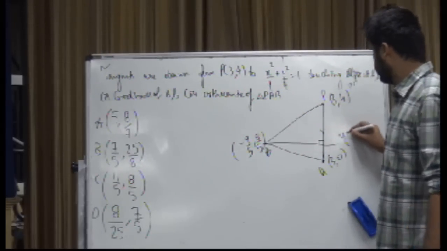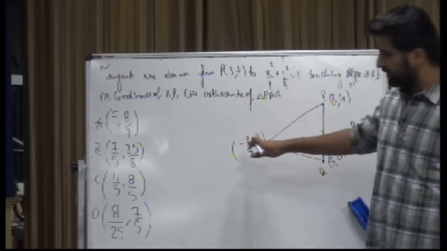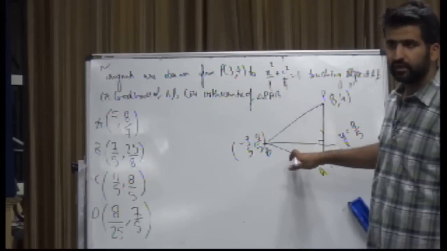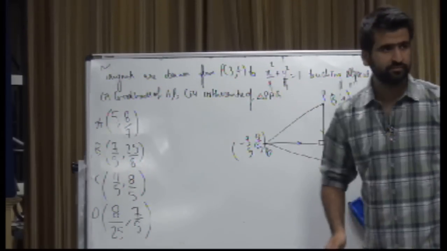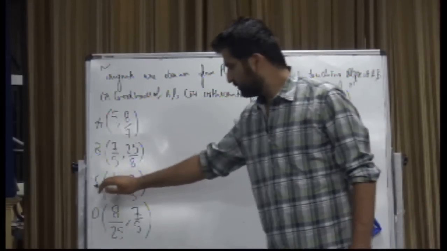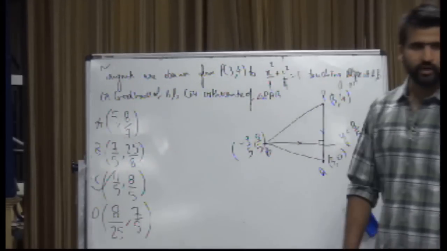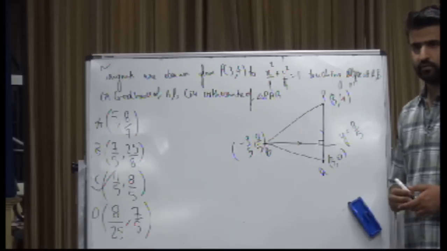This is clear, right? So the coordinates of all the points on this line will have y equal to 8/5, and the orthocenter will be one of these points. So wherever we have y equal to 8/5, that would be the answer. So the answer will be C, 8/5.